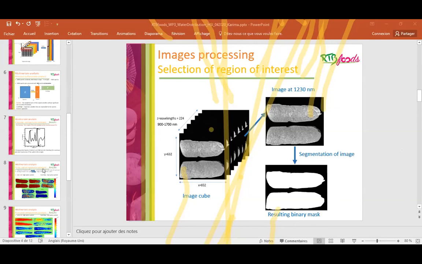Yes, you take many samples at different concentrations of your target component, and you take an image, and then you match each image to its reference value.